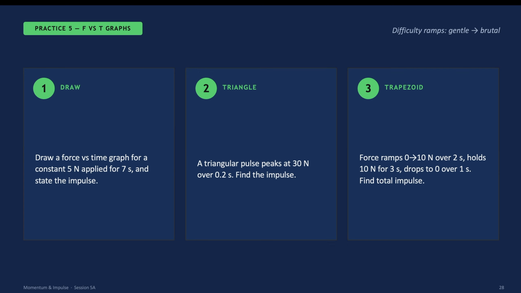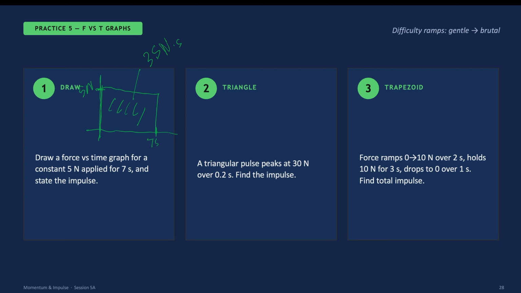Okay, so let's practice drawing as well as finding areas. Draw a force versus time graph for a constant 5 newtons applied for 7 seconds, and state the impulse. 7 seconds here, 5 newtons here, and it goes like that. Impulse would be 35 Newton seconds.